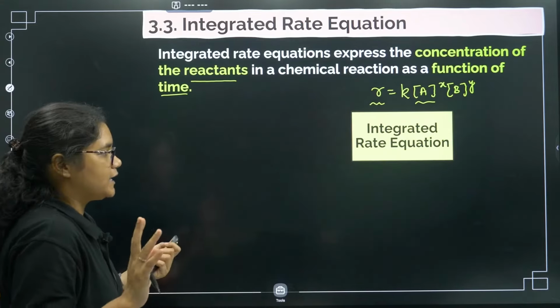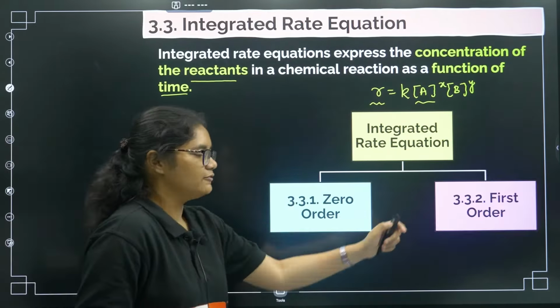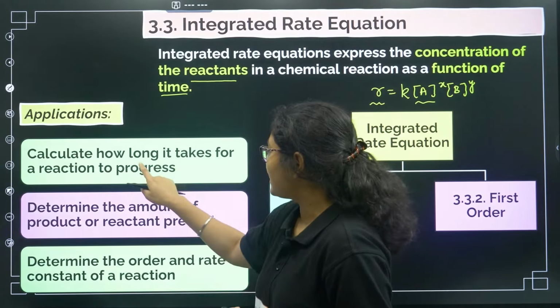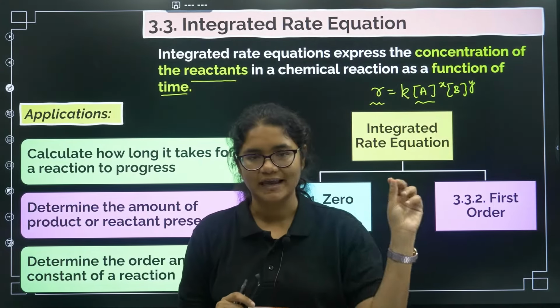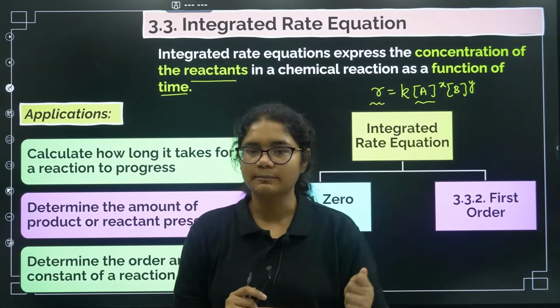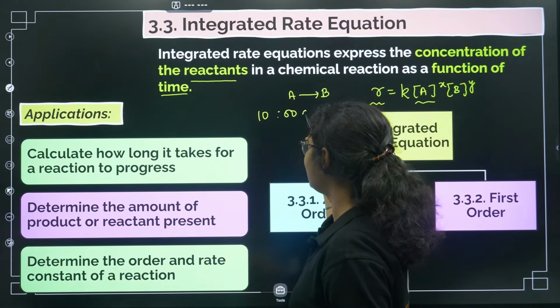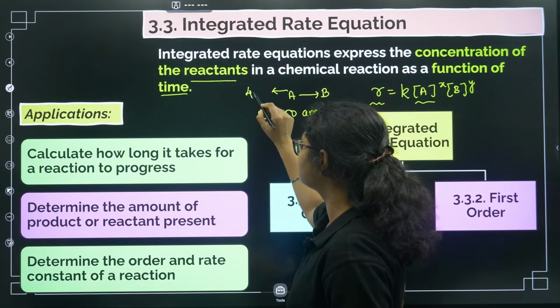So we are going to study the integrated rate equation for 2 orders, that is 0th order and 1st order. Now what is the use of studying this? What are the applications of the integrated rate equation? First, to calculate how long it takes for a reaction to progress. Suppose you have started a reaction at 10 am, A is giving you B, and the A concentration you took is around 4 molar.